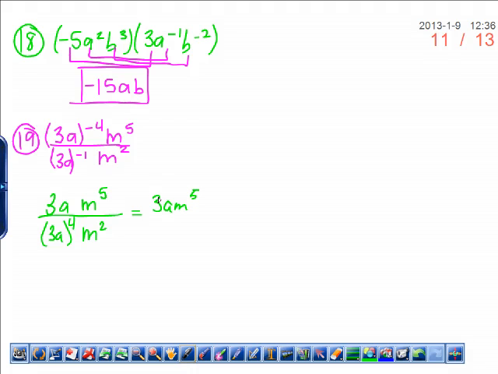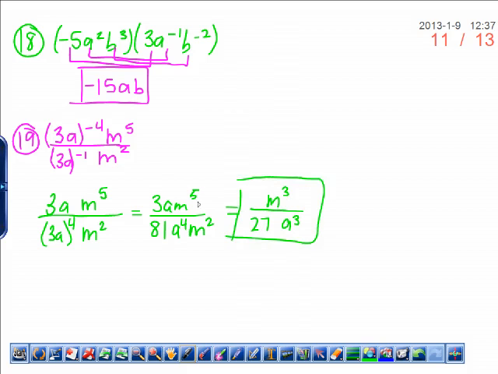over 3 to the 4th, which is 81, a to the 4th, m squared. 3 over 81 reduces to 27 in the denominator, a cubed in the denominator, and then m cubed on top.